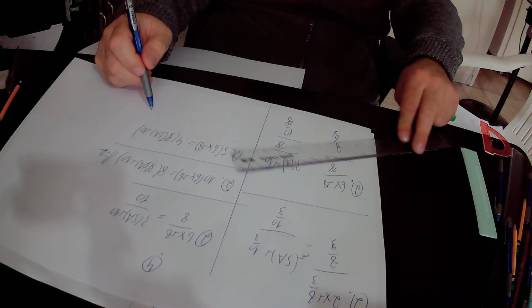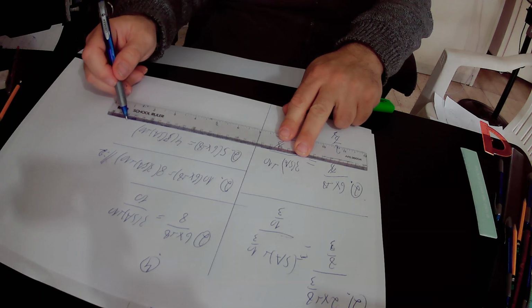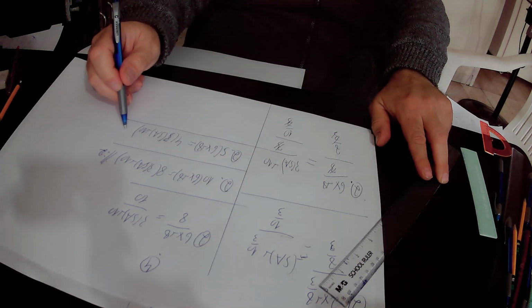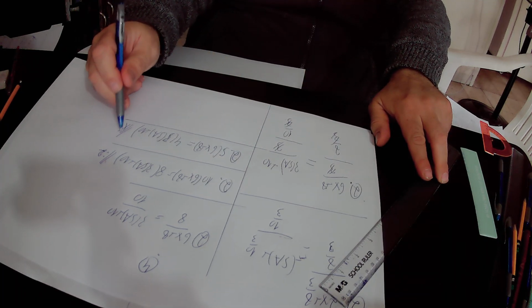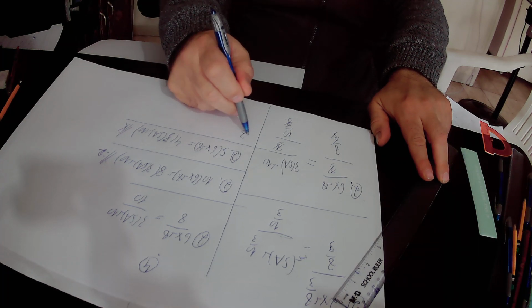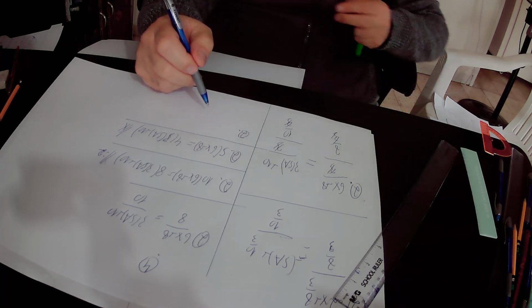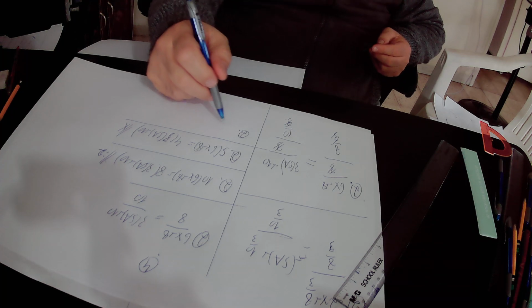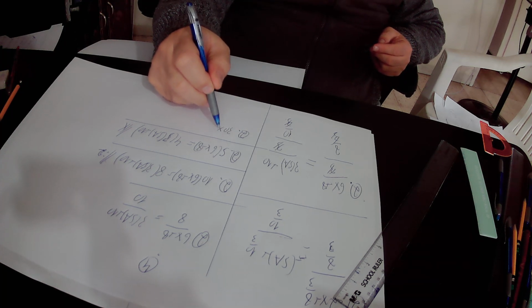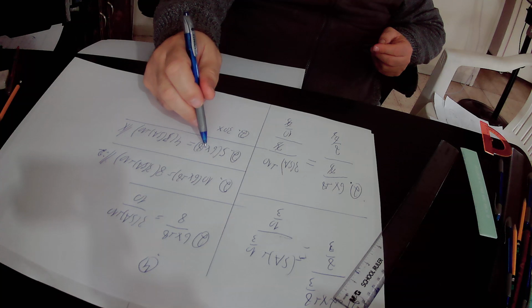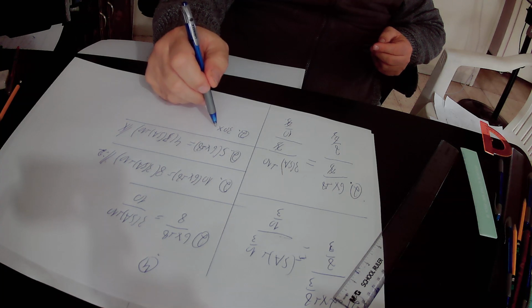So here we'll open the brackets on both sides of this equation 2, and we get that according to equation 2, 5 times 6x is 30x, plus 5 times 8 is 40.